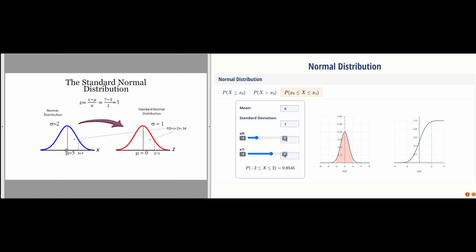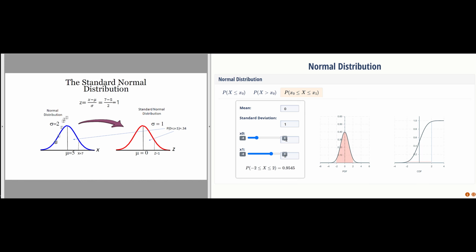Well, in this case, if my mean is 5 and my standard deviation is 2, I hope it's obvious to you that a value of x equal to 7 is 1 standard deviation above the mean. So the probability that we draw a value for this distribution that is less than or equal to 7 is going to be the same as the probability that we would get in a standard normal distribution of drawing a value that's less than 1 standard deviation, okay?